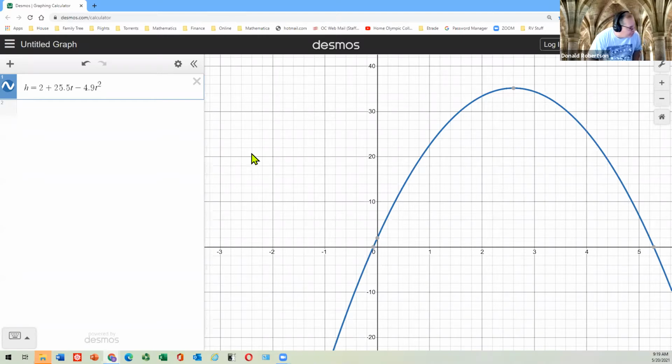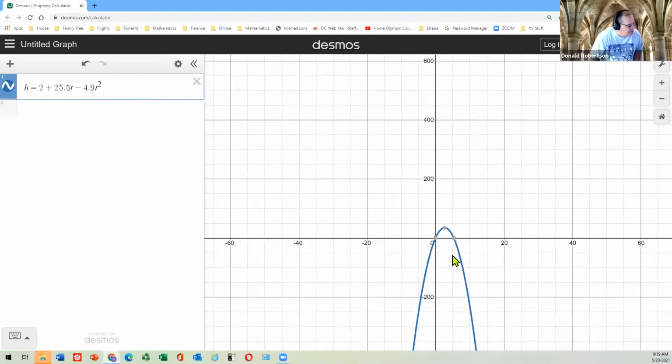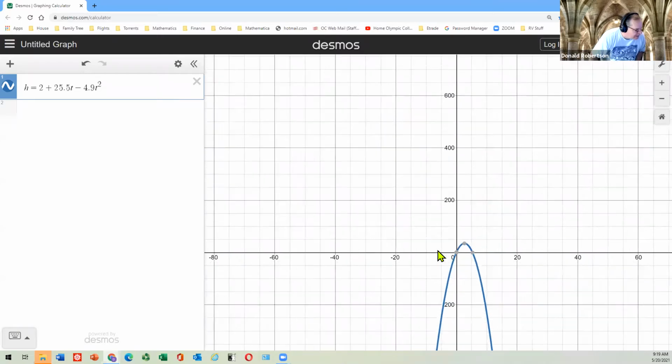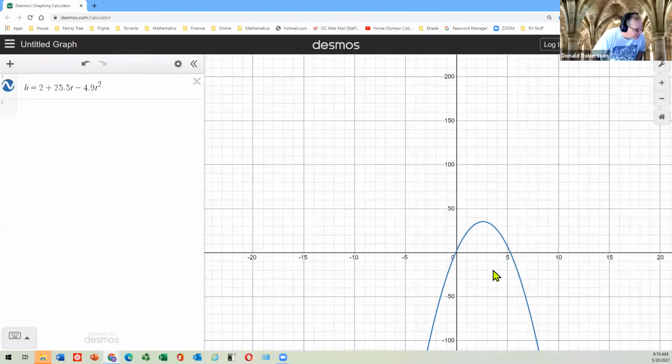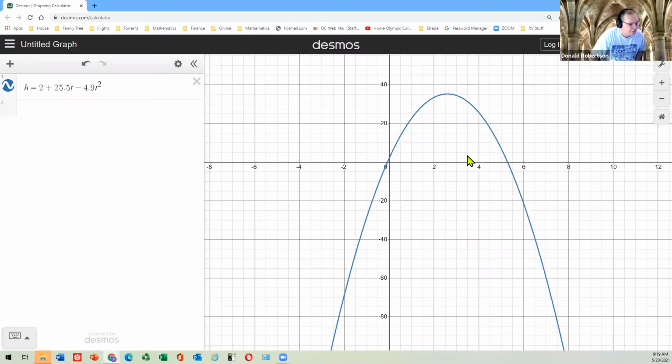Little side issue. Do you know sometimes when you do this, you get a picture that looks really weird, right? Sometimes Desmos just picks a window and you think, what the heck's that shape? If it zooms in such a way that it's not very clear, right? This one is. There is a backup plan. Don't know if you've used it.